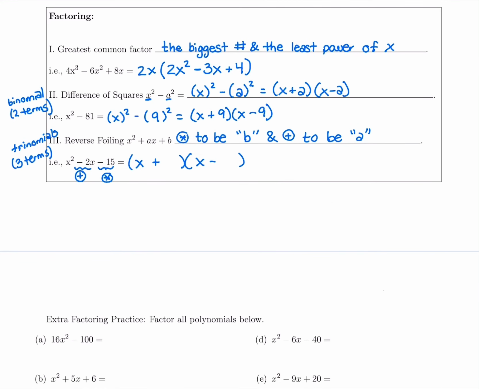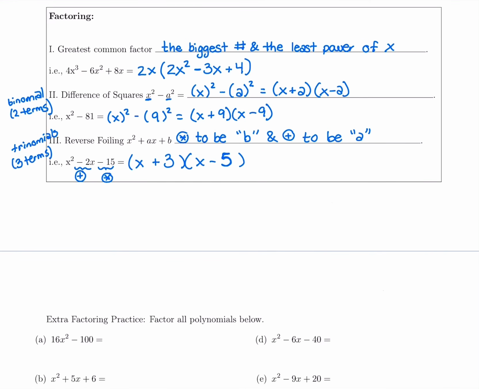So 15 and 1 wouldn't work because the difference would be 14. 3 and 5 would work though, because 5 and 3 differ by 2. So we want to make sure it adds up to a negative, which tells me the bigger number is going to be the negative one. So you have -5 plus 3 is -2, and 3 times -5 gives us that -15. So multiplying to be -15, adding up to be -2.